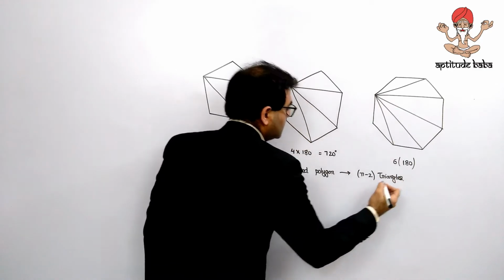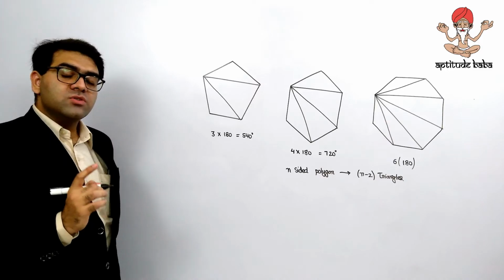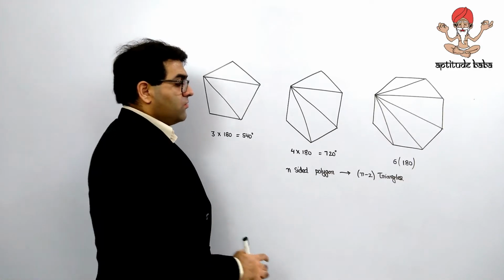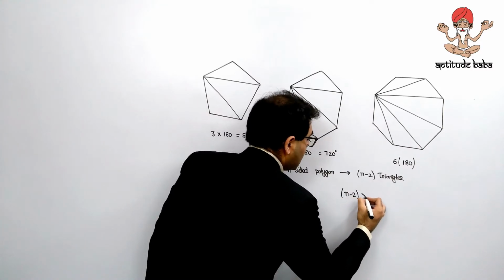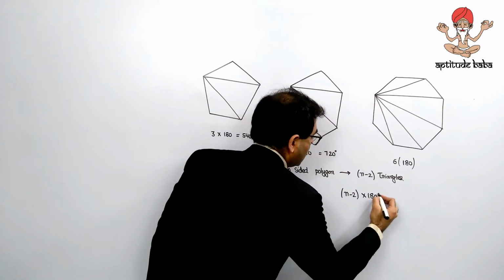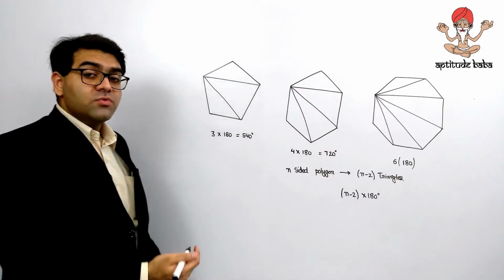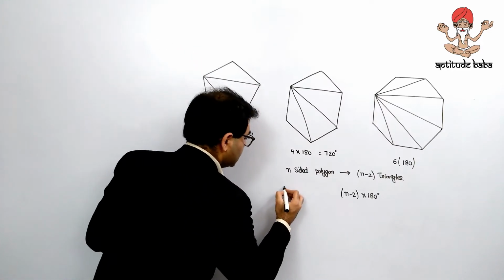Since the sum of interior angles of each triangle is 180, for n minus 2 triangles, the sum of interior angles has to be n minus 2 into 180. That's my formula for sum of interior angles of an n-sided polygon.